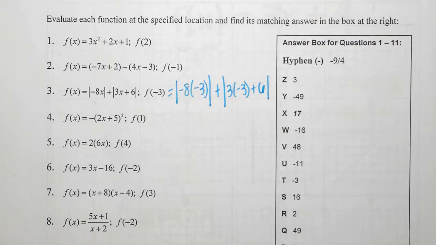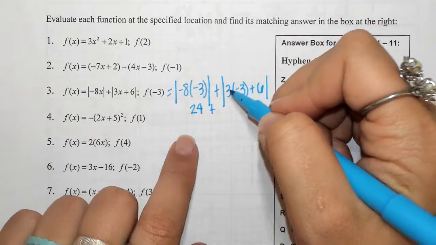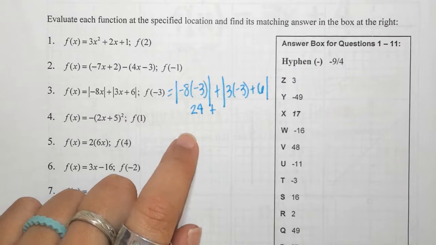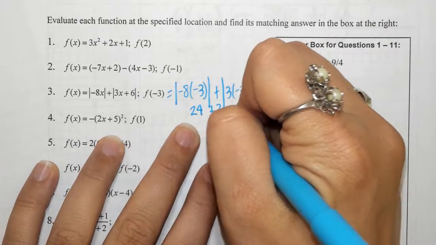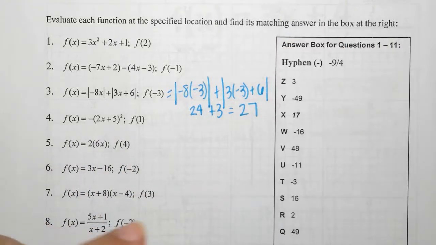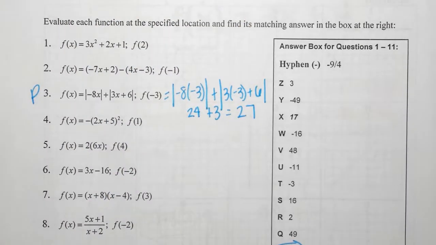What's negative 8 times negative 3? 24. And the absolute value of 24 is 24. 3 times negative 3 is negative 9. What's negative 9 plus 6? Negative 3, and the absolute value of negative 3 is positive 3. So the answer is 27. So 3 is P.